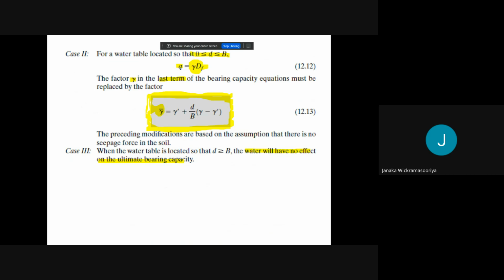And then if you have to note down anything, you can note down from here.